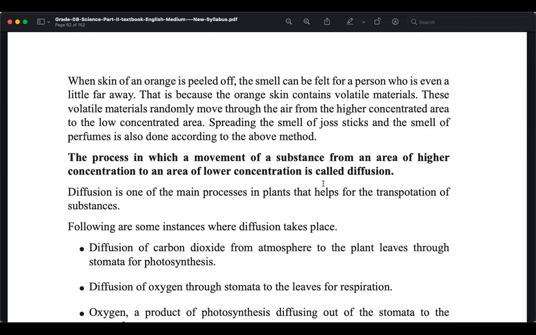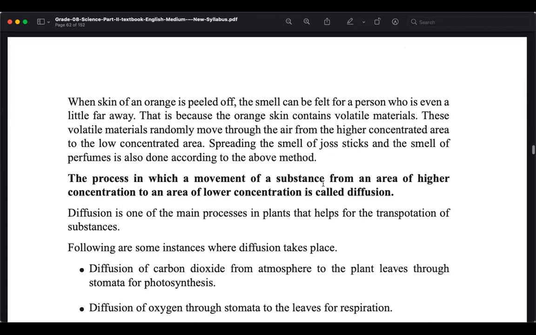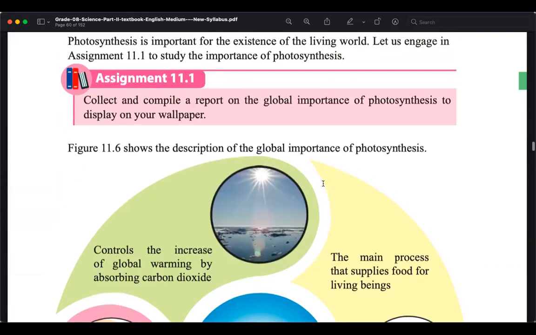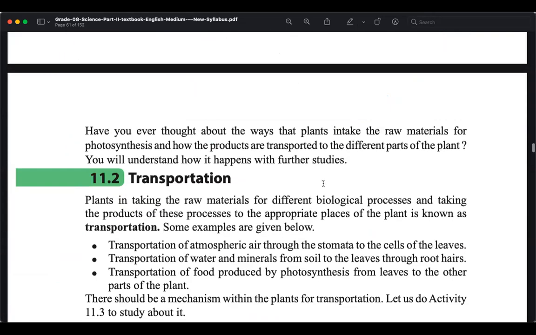So please write down one heading, right?